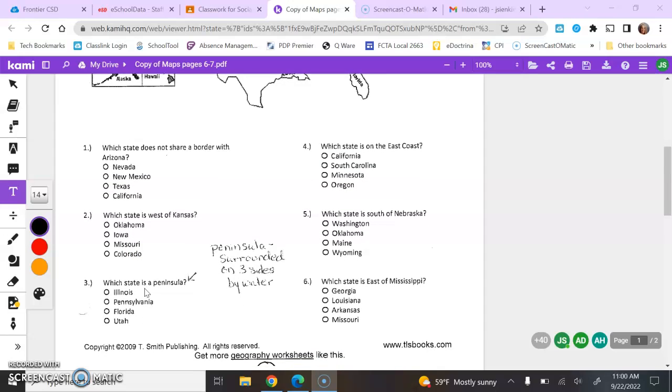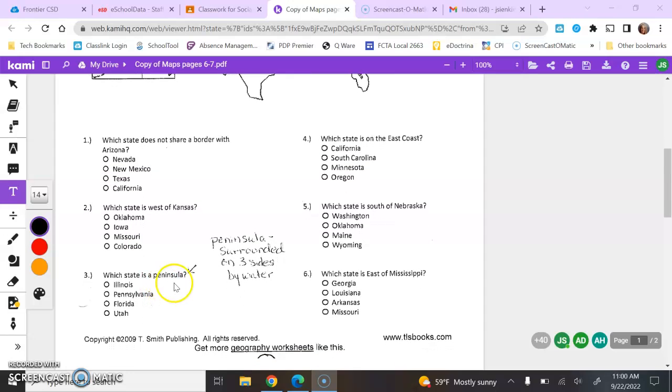Number 3, which state is a peninsula? And you have a little clue written here. A peninsula is a piece of land that is surrounded on 3 sides by a body of water. So Illinois, Pennsylvania, Florida, and Utah.